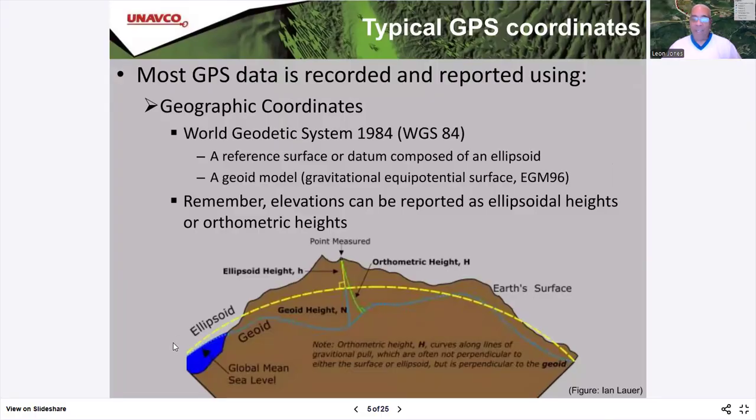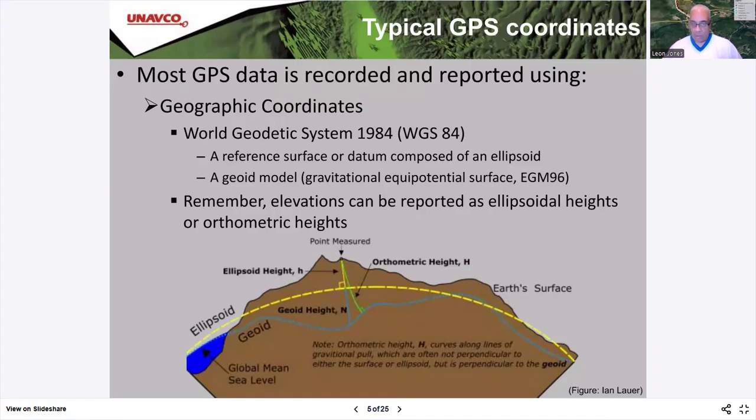Now, when we talk about an ellipsoid, we're actually dealing with an ellipse. You have your global mean sea level, your geoid. Note, orthometric height curves along the gravitational pull, which are often not perpendicular to either the Earth's surface or ellipsoid, but they're perpendicular to the geoid.